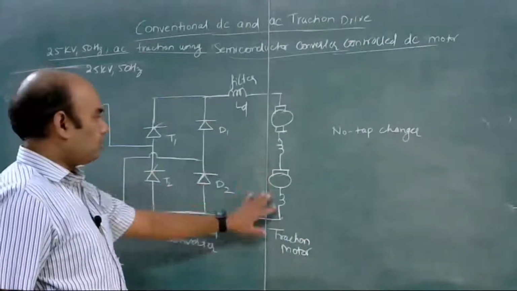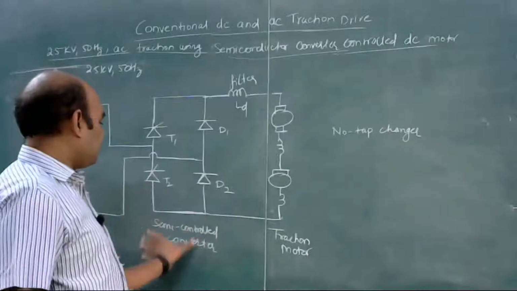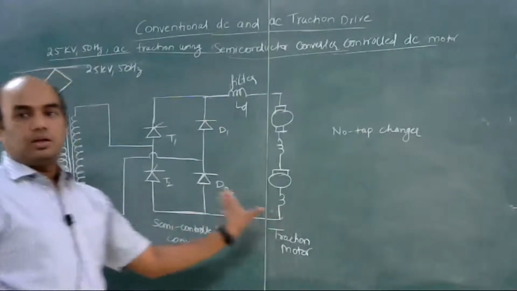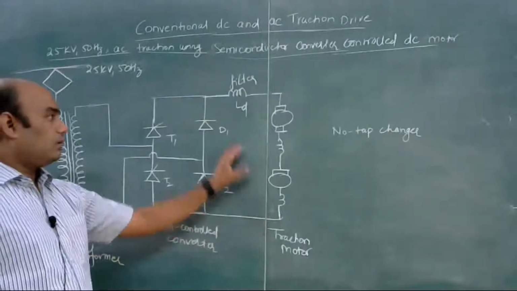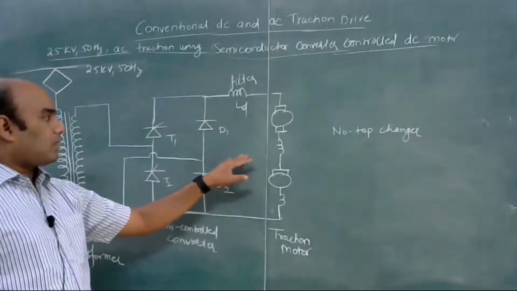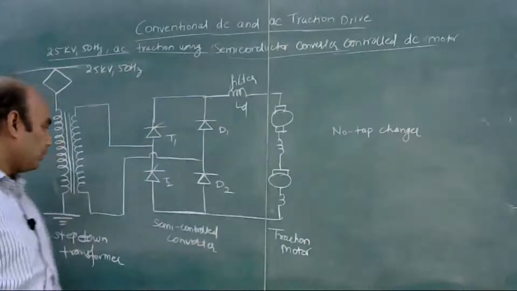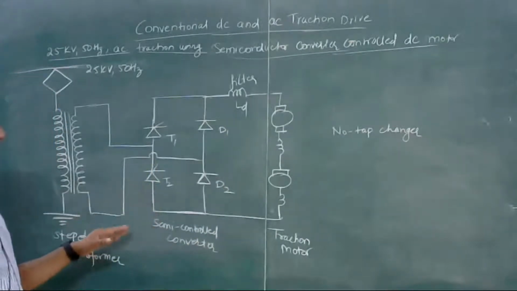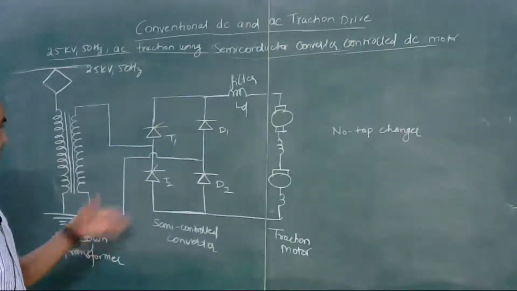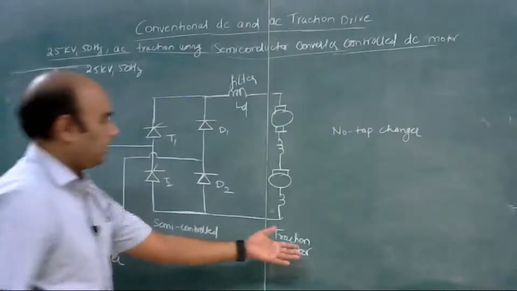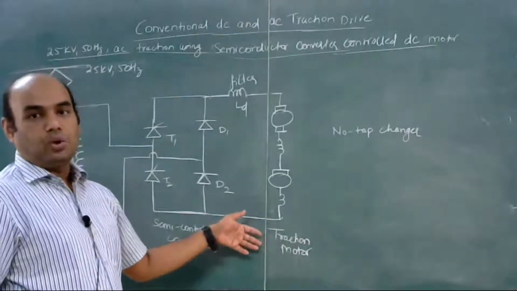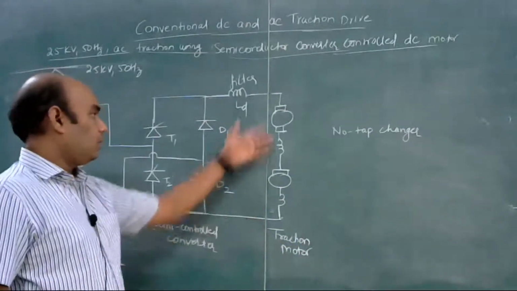Okay, because there is a semi-controlled converter, we can also use a separately excited DC motor. Okay, so we require another converter, and we can connect the field of the motors.